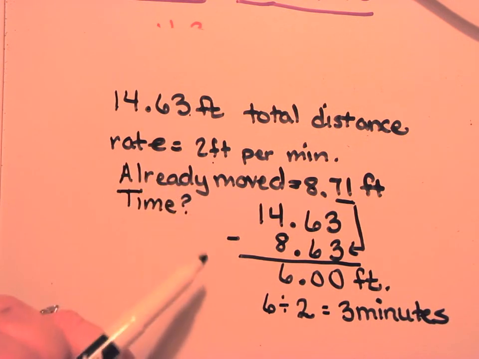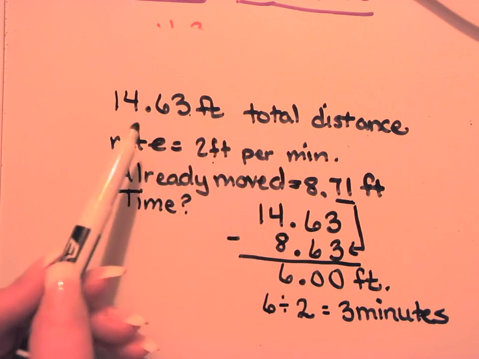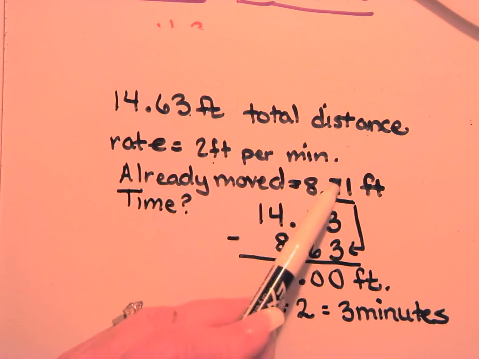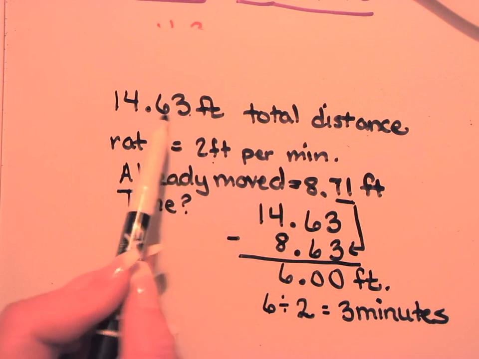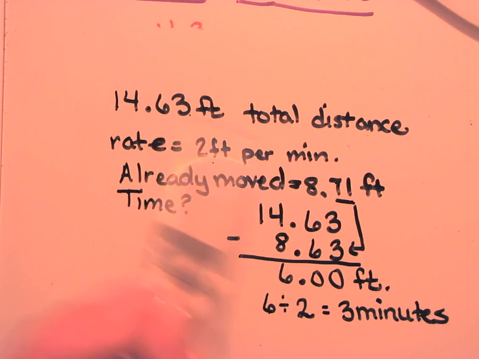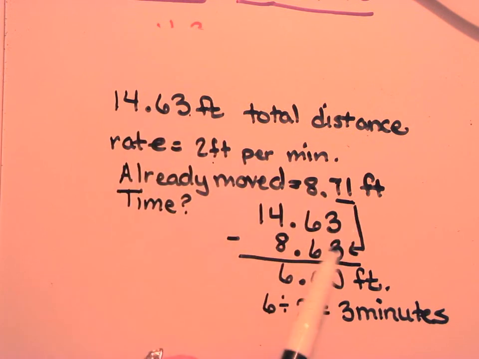With compatible numbers, we want to have this be the same as what's back here, as long as it's close, and that's considered close. So we change it, so we have 0 over here. Then we subtract what's on the other side of the decimal point. We get 6. Now we know that there's 2 feet per minute, so I'm going to take that 6 and divide it into 2 feet sections, and that will tell me how many minutes it would take.